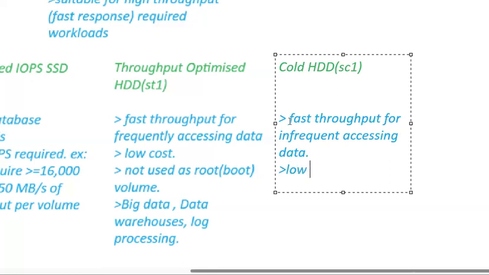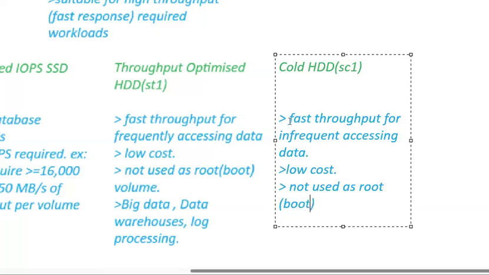It even costs you very less compared to throughput optimized. Again, here also you cannot use this as a root volume, or to be specific, you cannot use it as a boot volume for your EC2 instances.